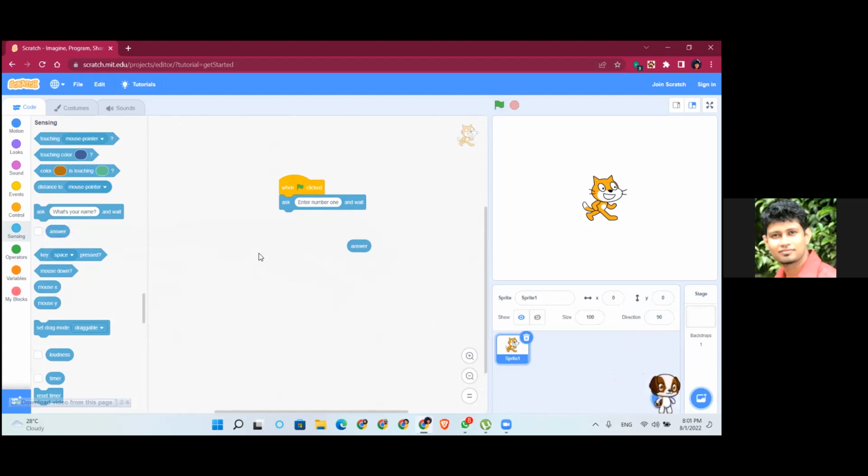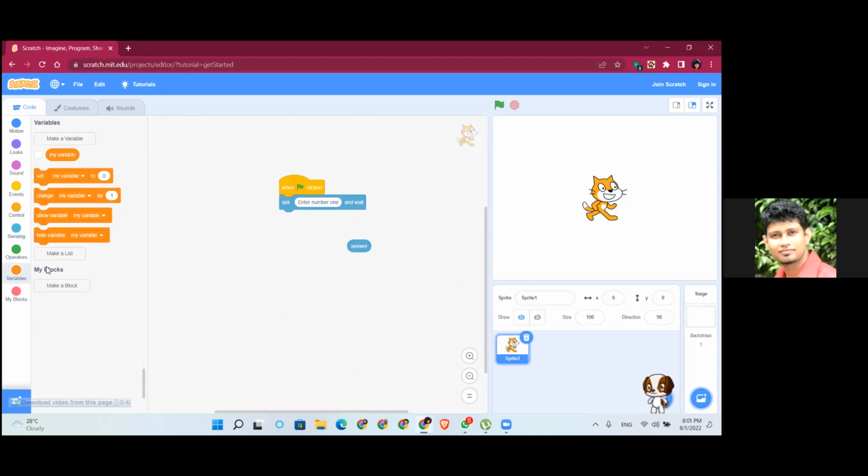Let's introduce a new variable. Go to variables, variables in orange color. Then make a variable.